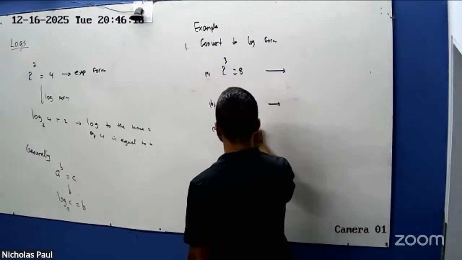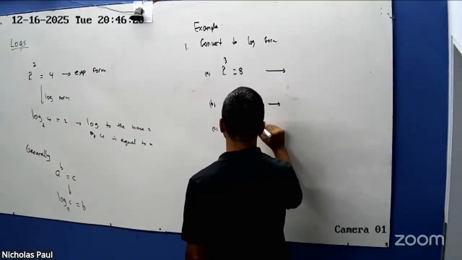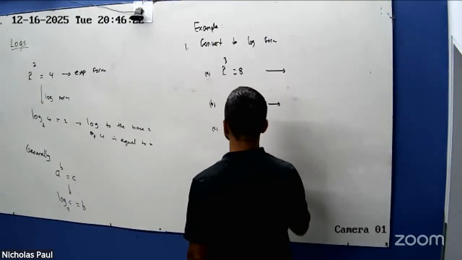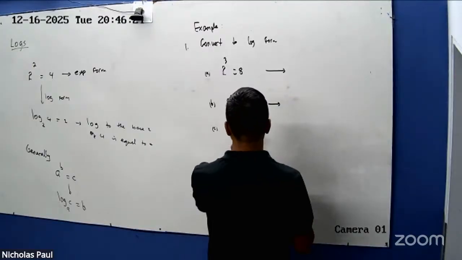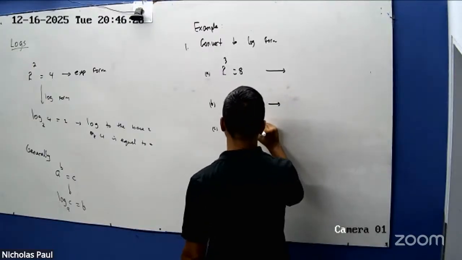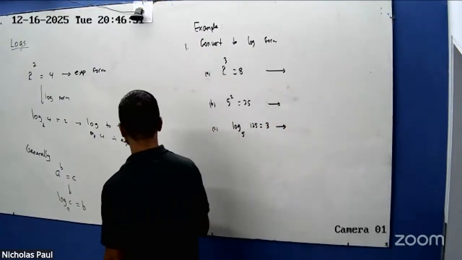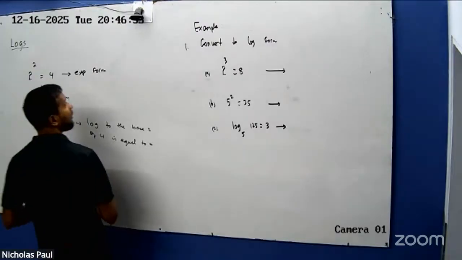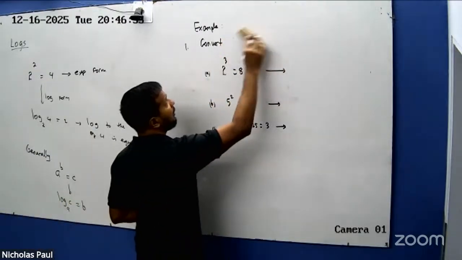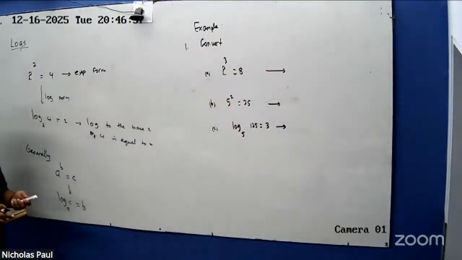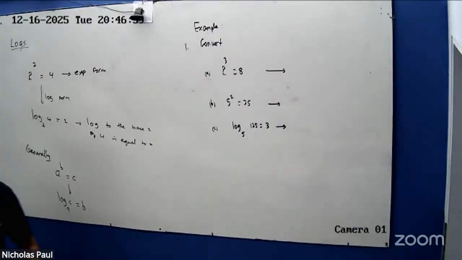And then take this one here and convert this one to exponential form. Try to see fast. That's what you all did on the top. Just make sure you remember how to do it.